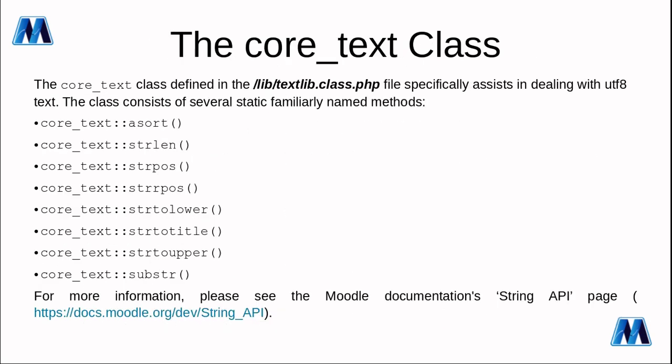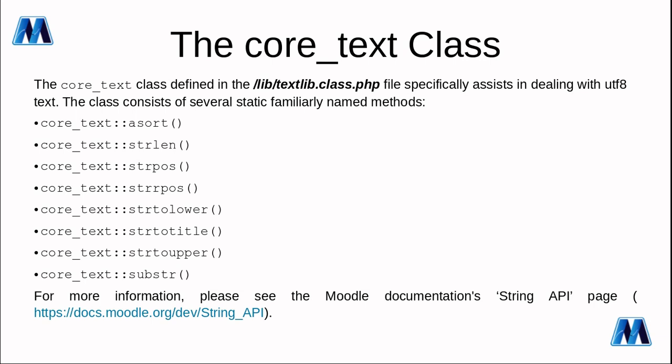The core text class, which falls inside the string API, is a useful class to know as well. This class is specifically developed to handle UTF-8 text. It has several static methods, familiar to anyone who's a PHP developer, that reflect the core Moodle functionality.